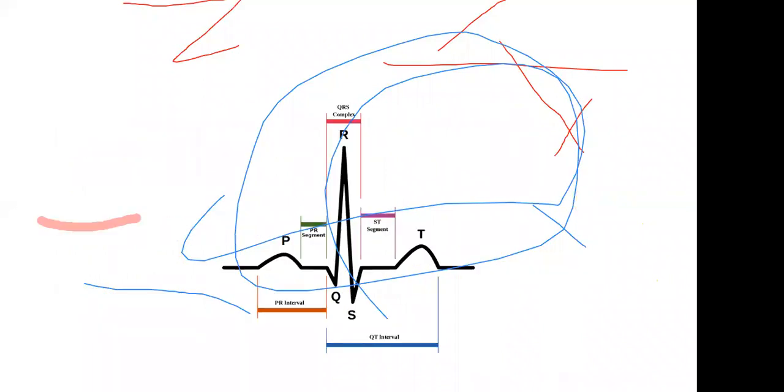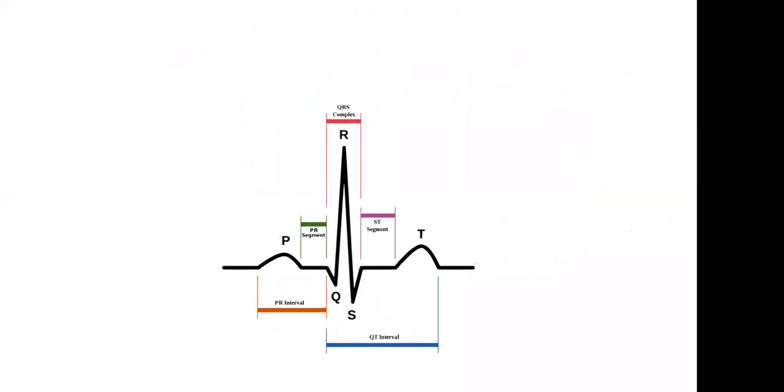Now look at this diagram. The P wave, start of the P wave, then the completion of the P wave, then the PR segment goes till Q starts. Now from here, the start of the P wave up to the start of the Q wave, this is the PR interval.